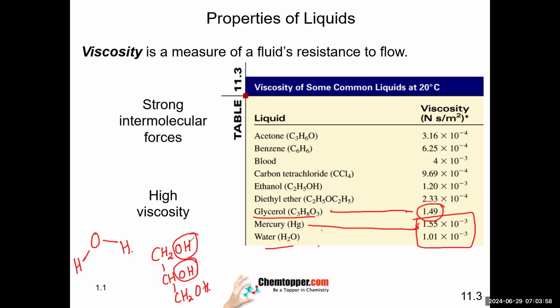There are more hydrogen bonds. That's why. The molar mass is big, but molar mass is not sufficient here. It's not very big. So you can say there are more hydrogen bonds. That's why this molecule is going to have higher viscosity, higher surface tension as compared to water.